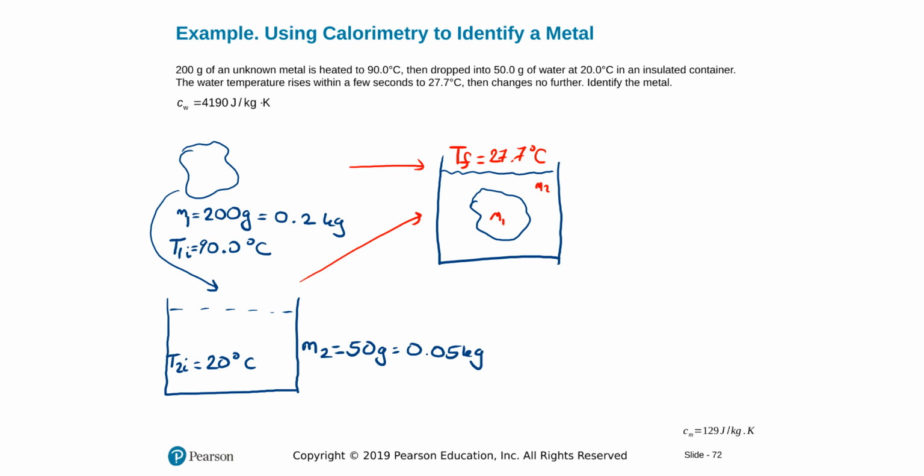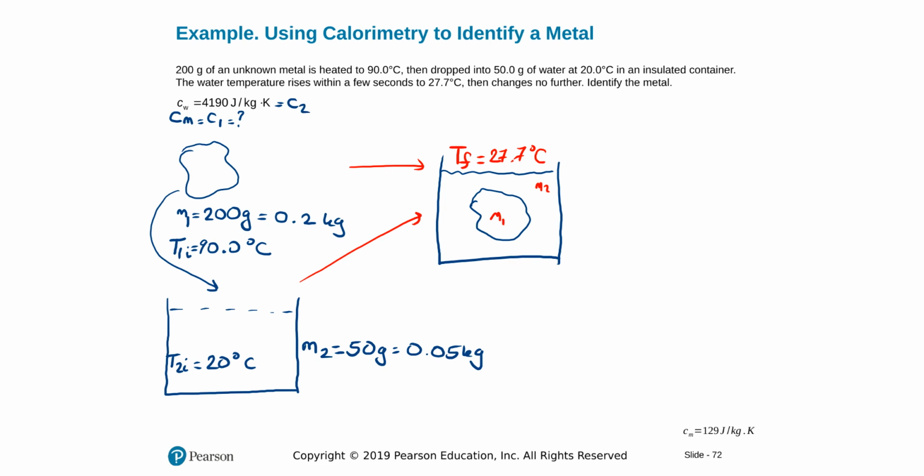Identify the metal. Heat capacity of water is 4,190, is given. So how can I identify the metal? I can find the heat capacity of the metal. I will call it C1 and check the list we have. We'll call the water's C2 because we called water M2 here.